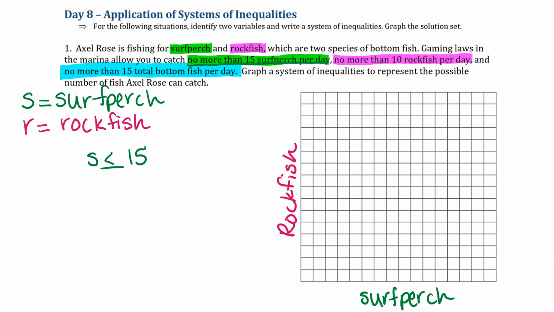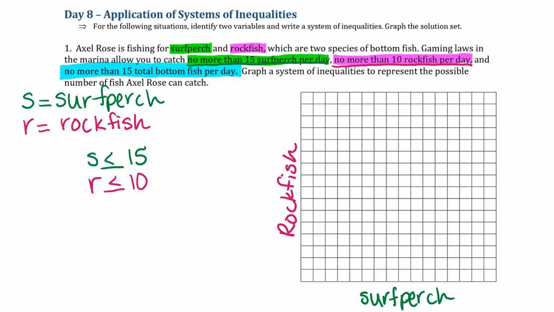Then we're going to set up the equation for the rockfish. I can't catch any more than 10 rockfish per day, so I'm going to start with R, and I'm going to use the exact same inequality, less than or equal to. But this time I can only catch 10.